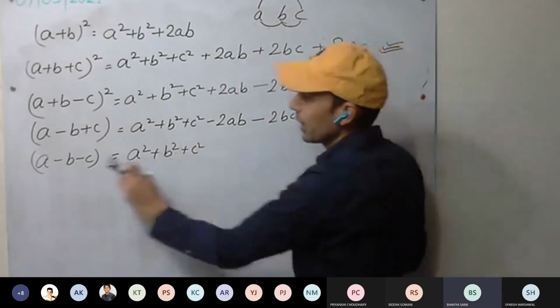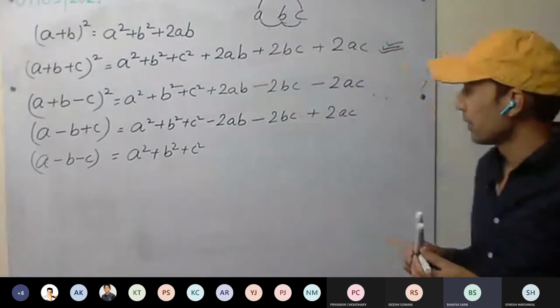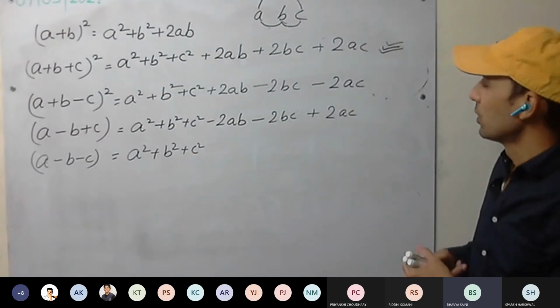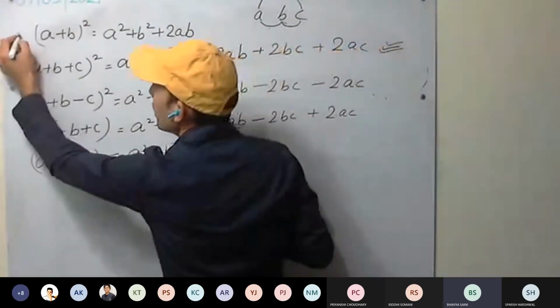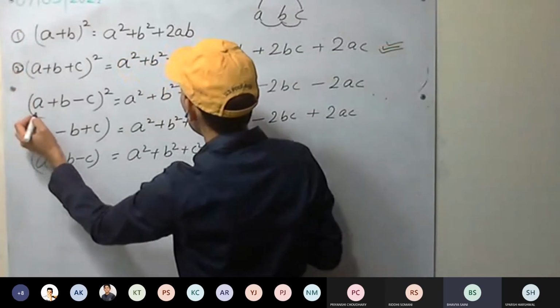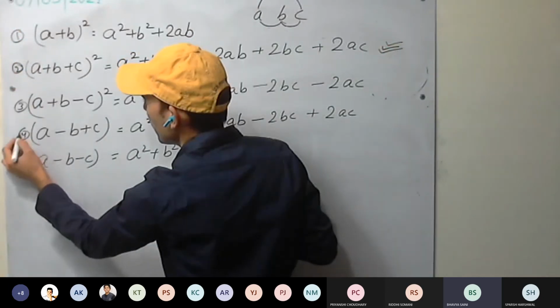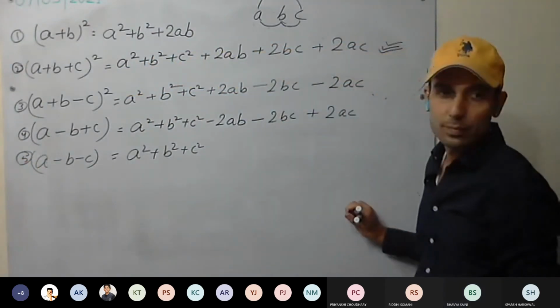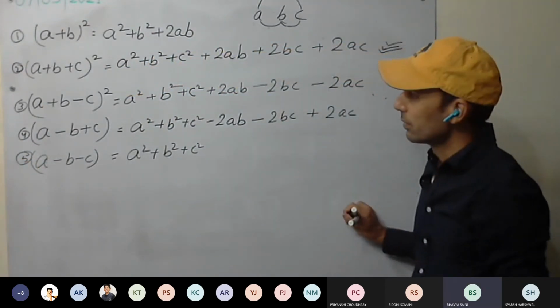Okay, 2AB. Sir, in the second identity, you have written A square plus B square. Yes, which one? The fourth one.